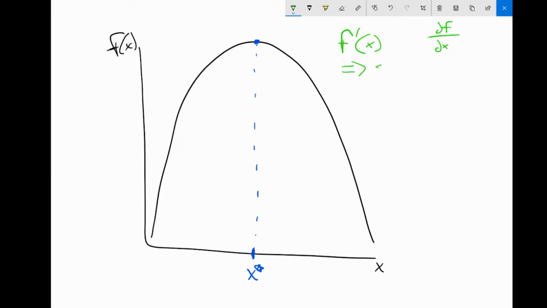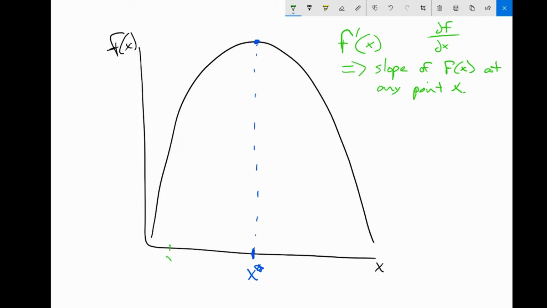Well, if you remember, it gives us the slope of f of x at any point x.